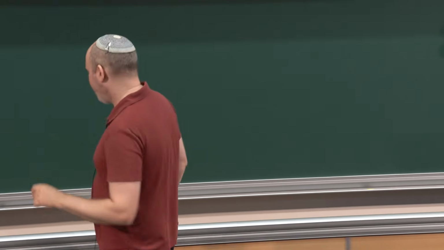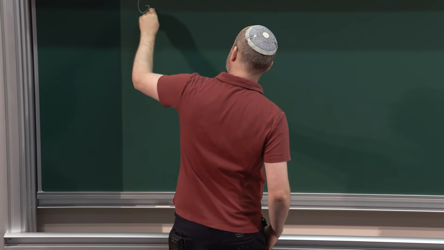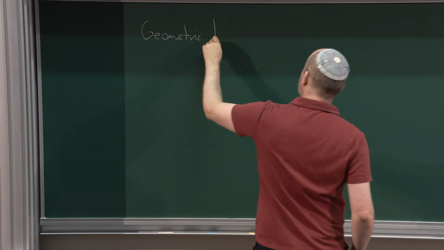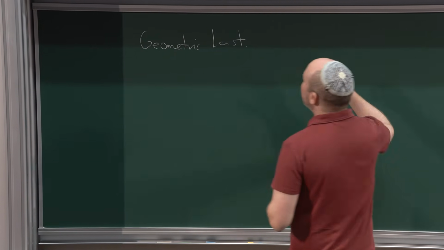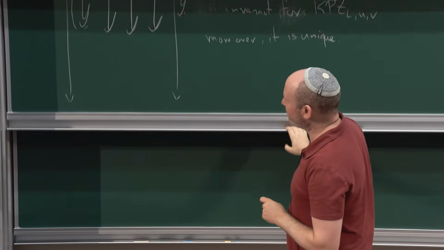Okay. So let me describe to you a model which is called geometric. Actually, let me go back to the slides now, because otherwise there's going to be too much drawing.